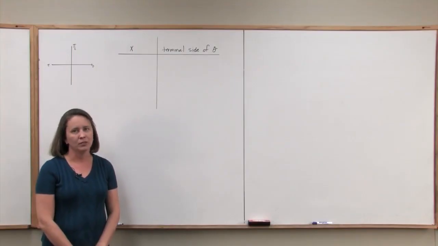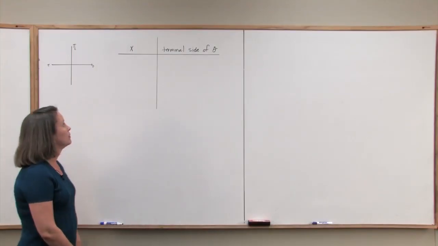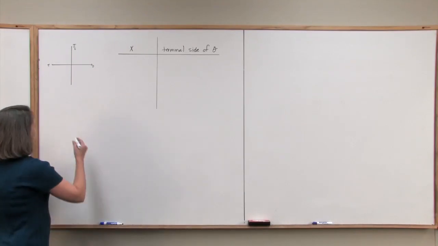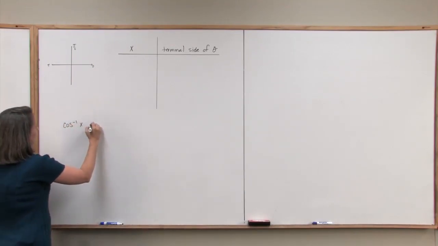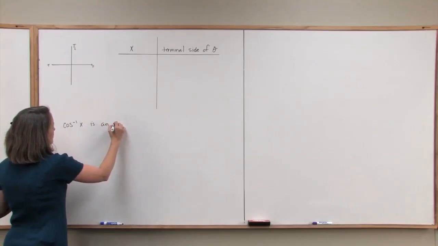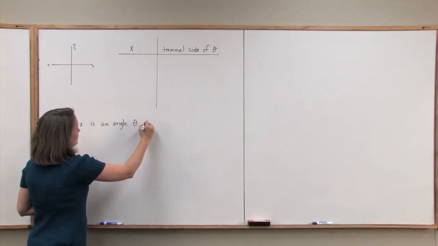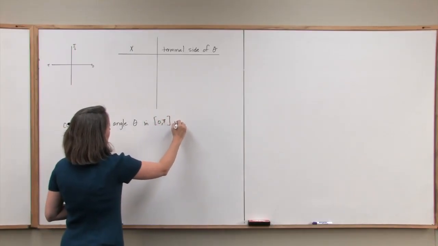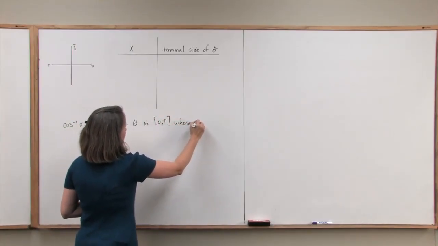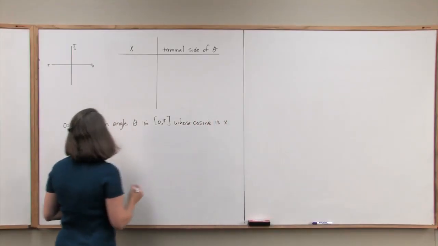Let's use our definition of the inverse cosine function to help us find exact values. The definition tells us that the inverse cosine of x is an angle, which we'll call theta, in the closed interval from 0 to pi, whose cosine is x.